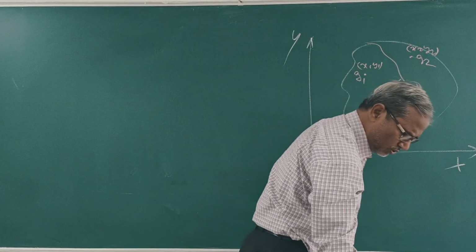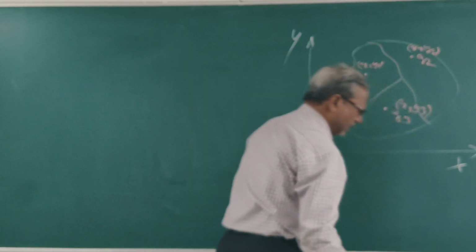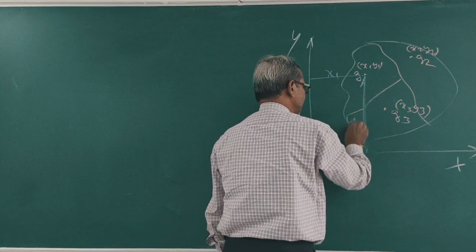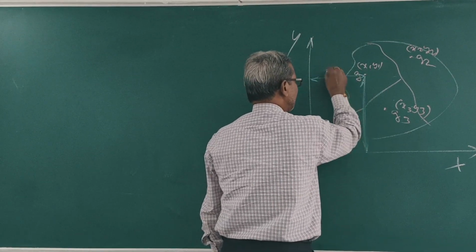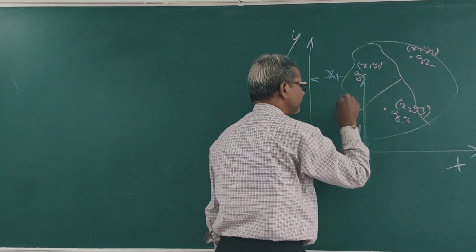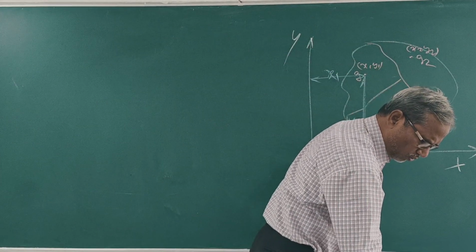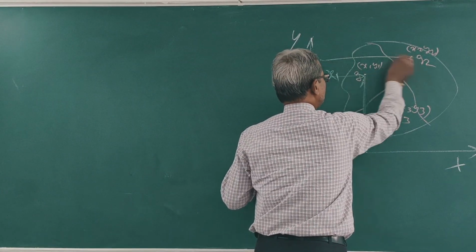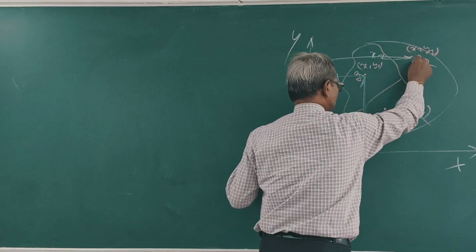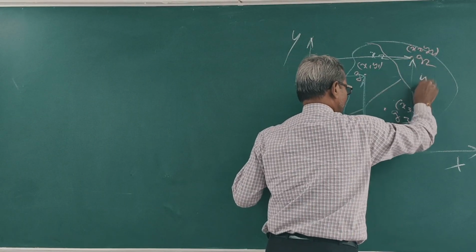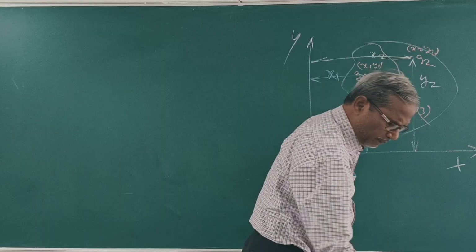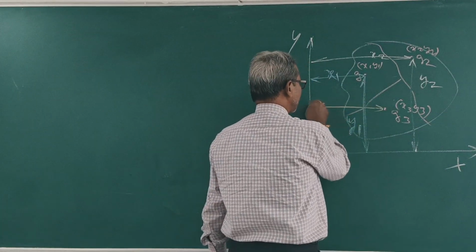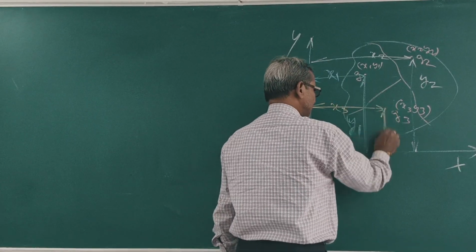So the distance x1, this is y1. Similarly for G2, this distance is x2, this is y2. Similarly G3, this is x3, this is y3.